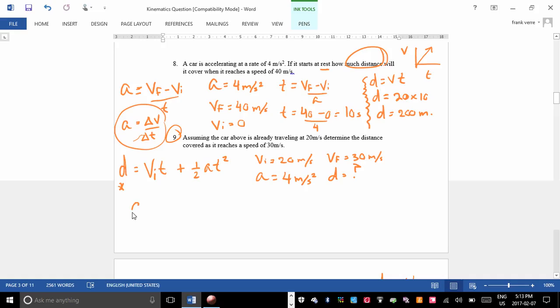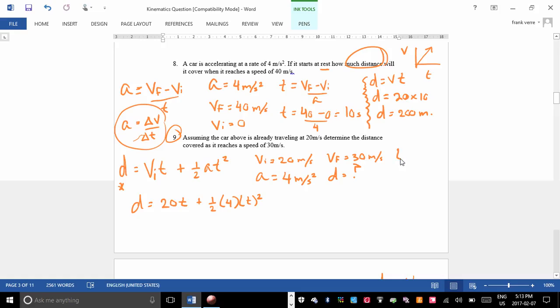So we have d equals your initial speed, which is 20, times time, plus 1/2 of 4 times time squared. But we don't have the time. But we can figure out the time. We know that the time is how long it takes to go from 20 to 30 meters per second with the acceleration of 4.